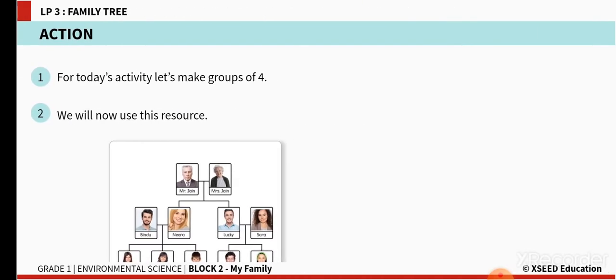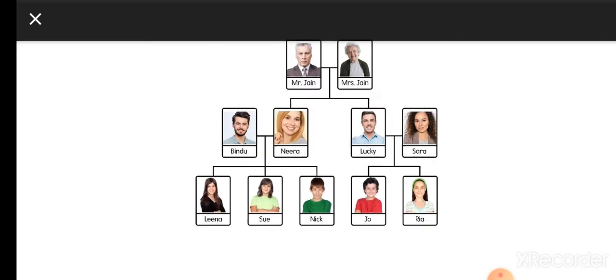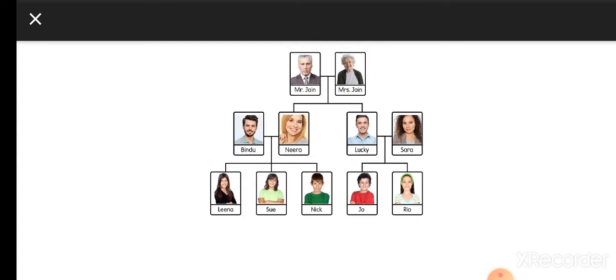Next, to learn better about this, here we have a chart. As you know, a family tree is nothing but a chart. Here you see one way of representing the family tree. In this family tree, at the top part you can see Mr. Jane and Mrs. Jane.